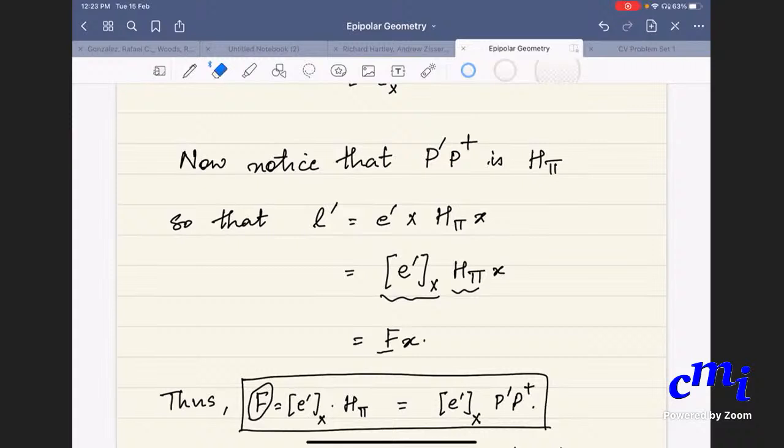If you want to compute this F from point correspondences, there is an algorithm similar, not exactly in steps, but in spirit, to the direct linear transform that we saw for calculating homography.